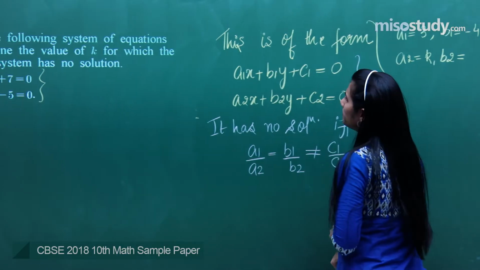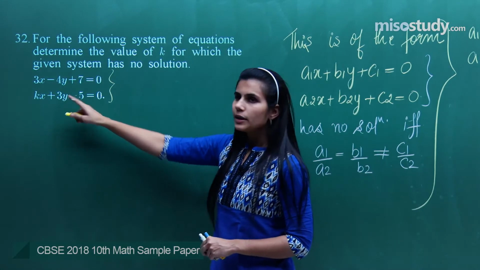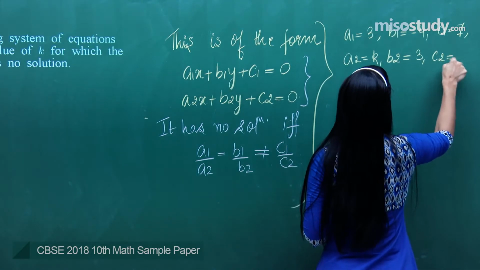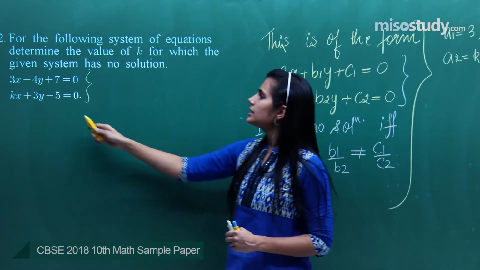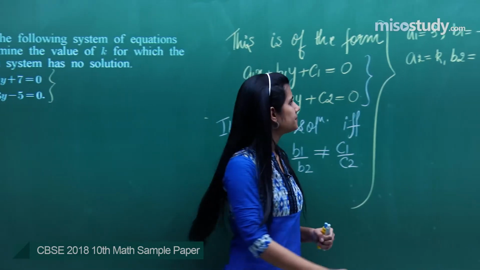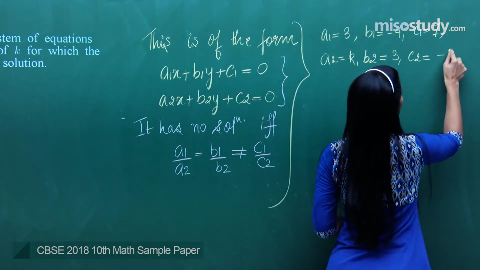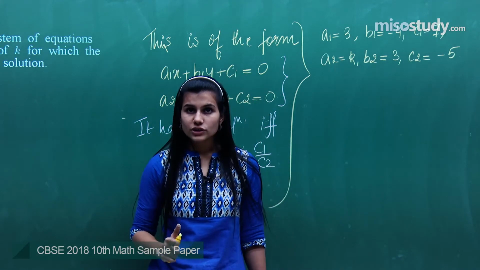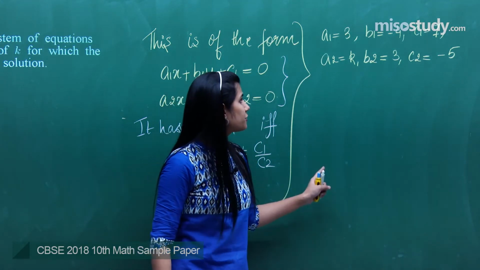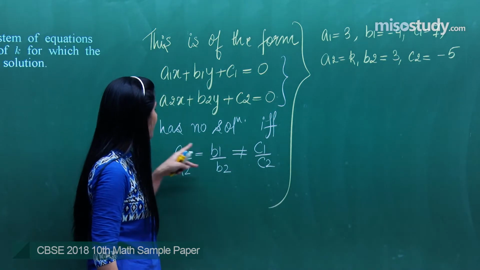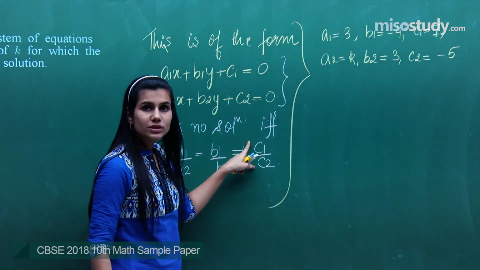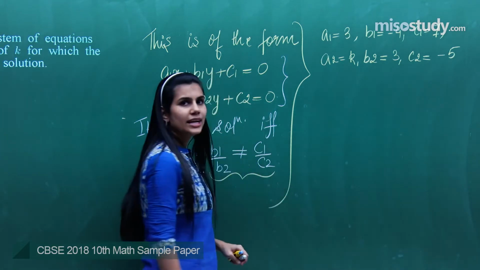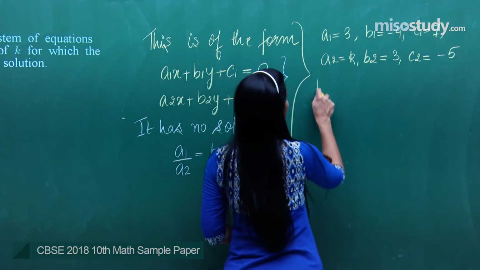What is your b2? b2 is your 3. And what is c2? c2 is minus 5. If this system of equations given in the question has no solution, that means I should have a1 upon a2 equals b1 upon b2 is not equal to c1 upon c2. Let's see if this relation holds or not.